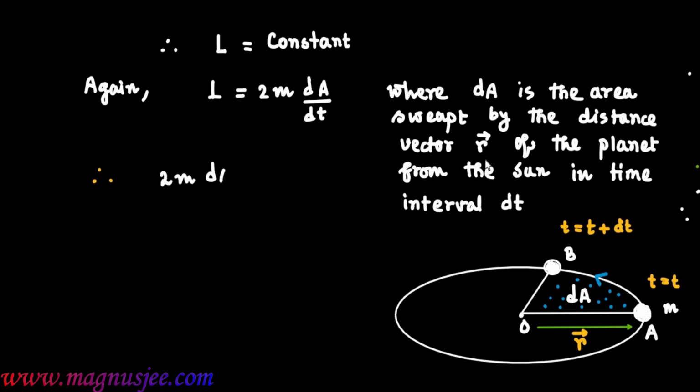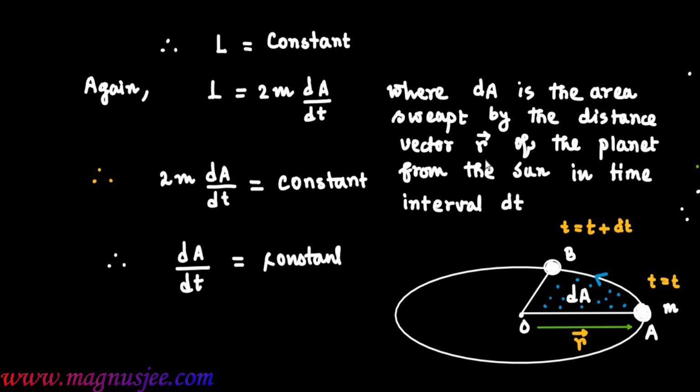Therefore, 2m dA by dt equal constant. Therefore, dA by dt equal constant, because the mass is constant, and 2m dA by dt was constant.